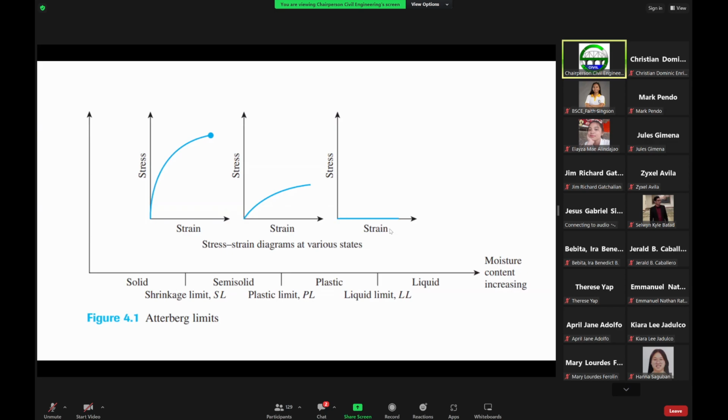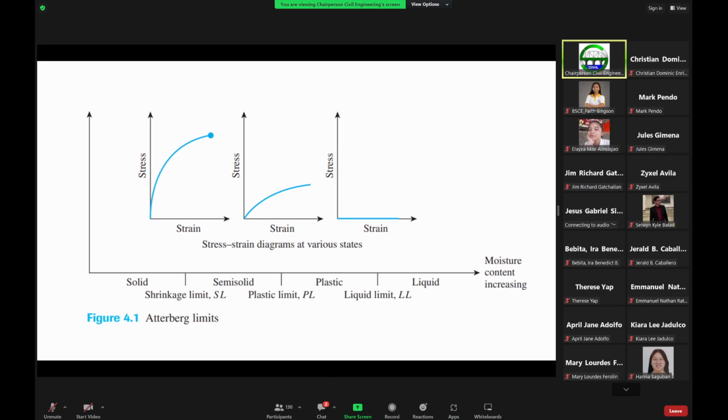So these are the behaviors: this one here is the behavior of material between a solid and a semi-solid state, this one a semi-solid to a plastic state, and a plastic to a liquid state, basically having no stress to undergo strain, because it's more of a liquid state already.